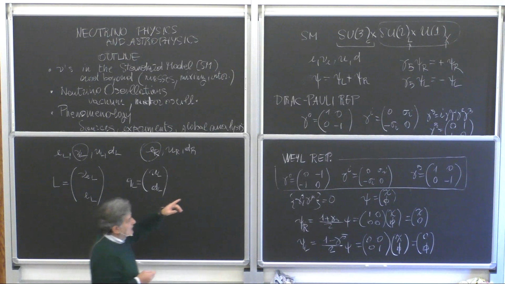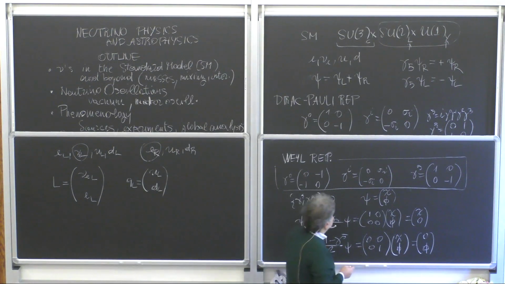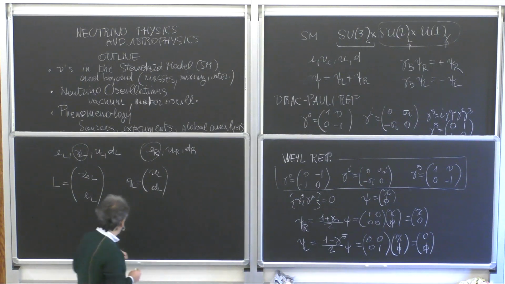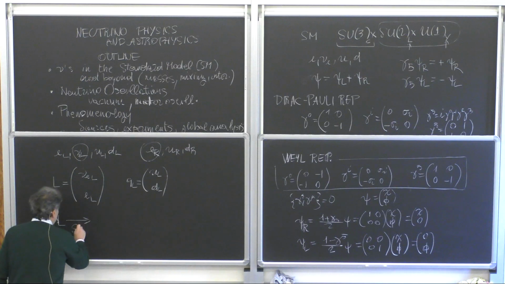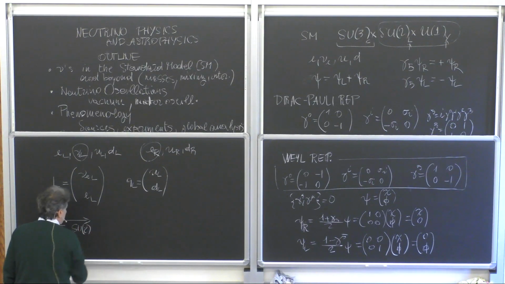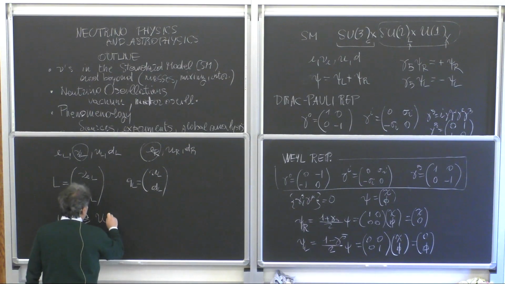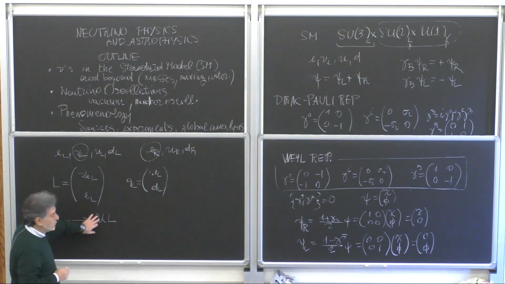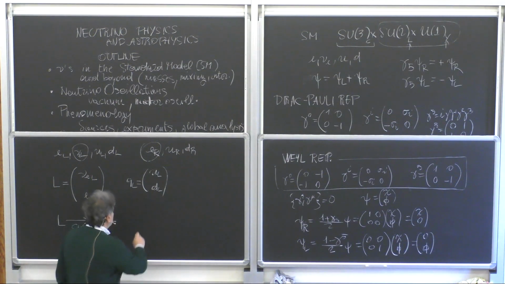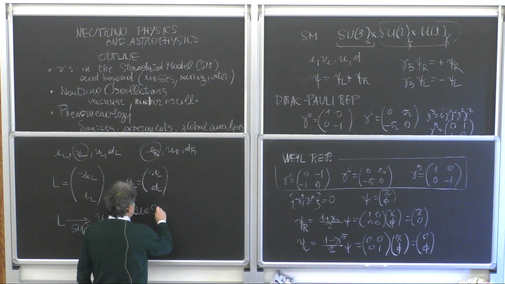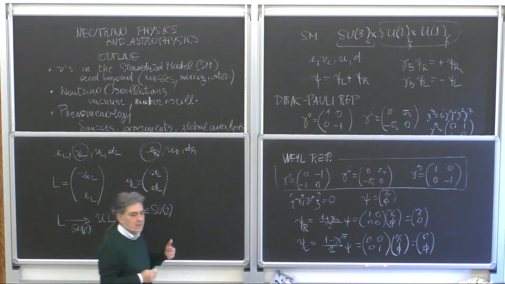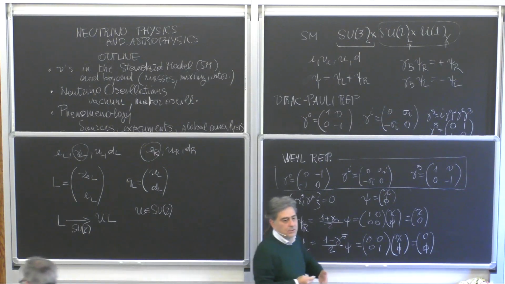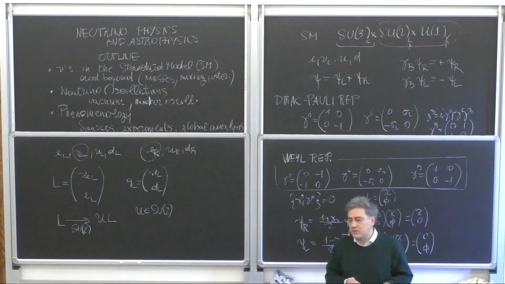SU2 is the symmetry group we are considering, and this doublet, under a transformation of SU2, goes into U times the doublet. U is a matrix of SU2 in the two-dimensional fundamental representation of SU2.